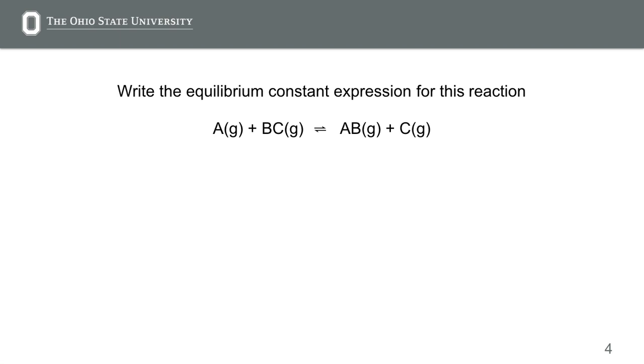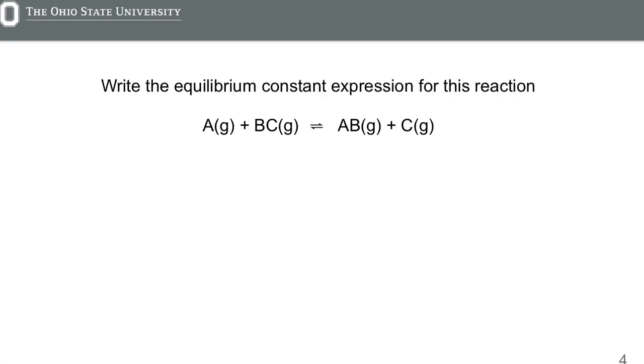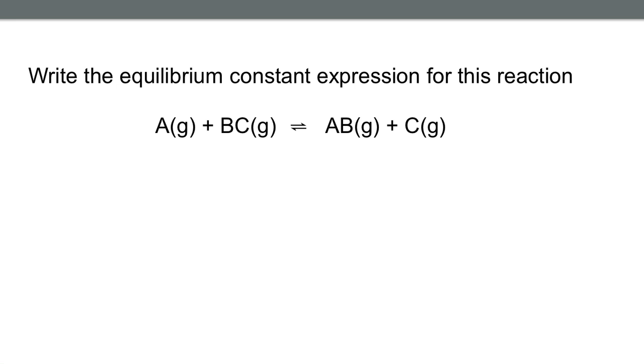So take a second, write down the equilibrium expression for this reaction, A plus BC in equilibrium with AB plus C. Everything has a stoichiometric coefficient of 1 in this equation.